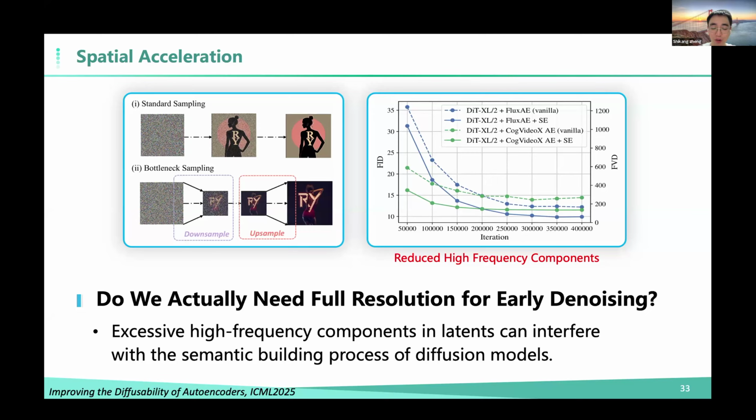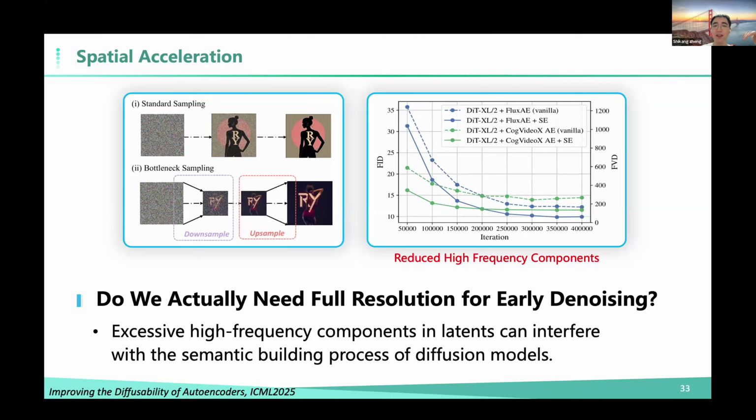They do regularization to reduce the high frequency components of the latent space. And then they found that after reducing these high frequency components, the model performance is even better than the original VAEs.